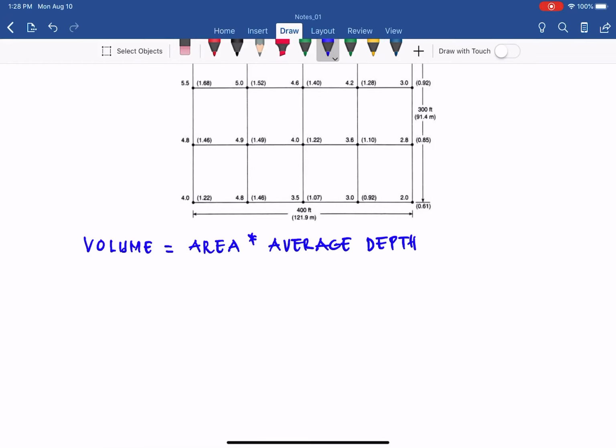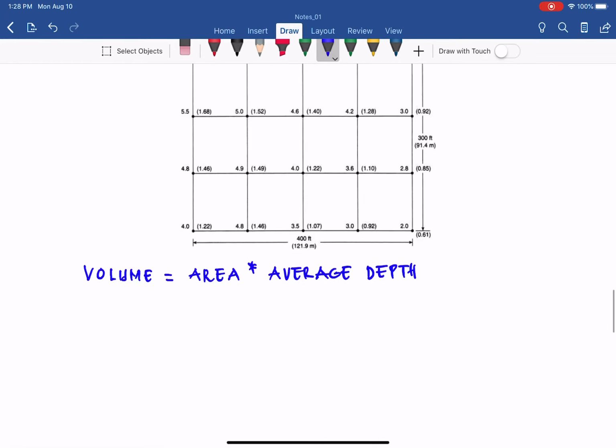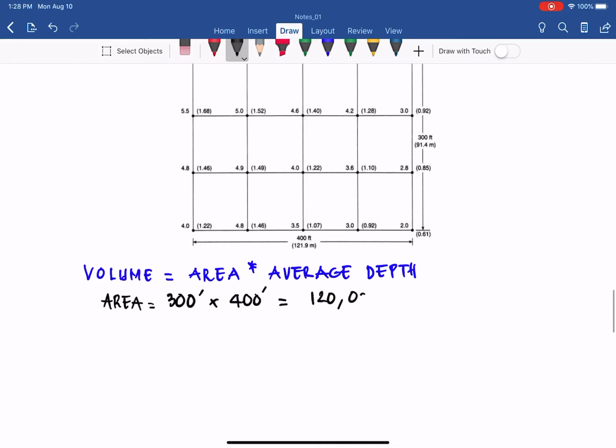And for this, the area means the horizontal area. So we have the area: the width 300 feet times 400 feet. You see a rectangle. So we have 120,000 square feet. That is the area.